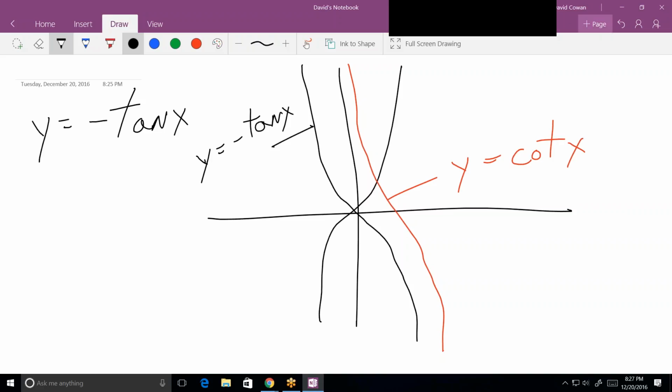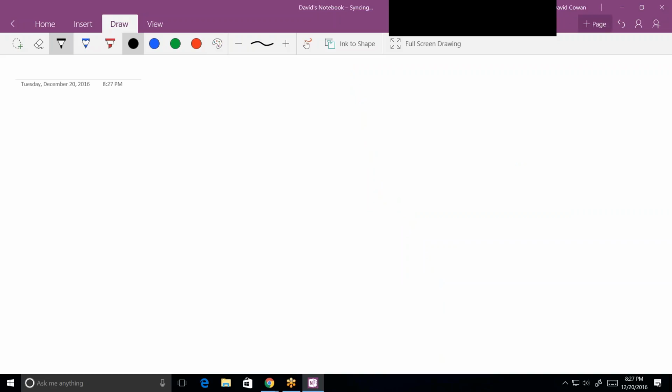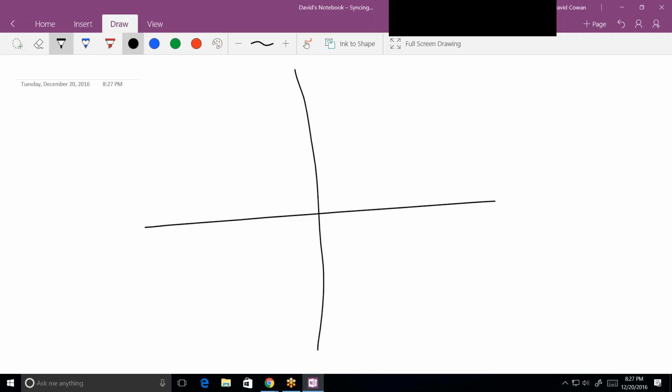Okay, so that's the way it works. Let me keep giving you some because this is huge. If you can understand this, and it seems like you are, what's this one?